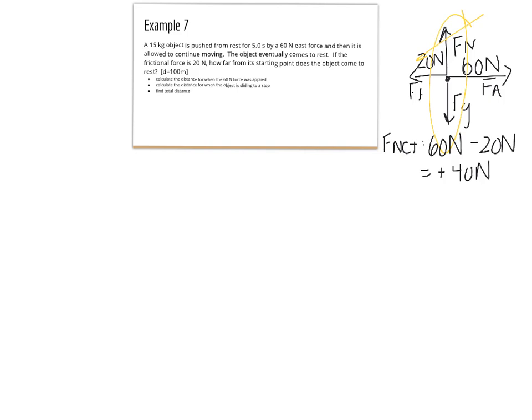So with that, in our first period of time here, we can say that F net is equal to the mass times acceleration. We have 40 newtons, and our mass was 15 kilograms, and we're going to find acceleration. So acceleration is positive 2.67 meters per second squared here.